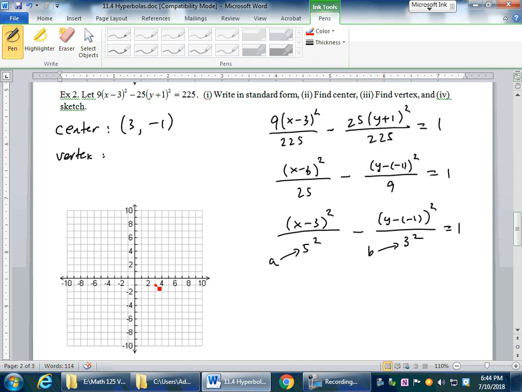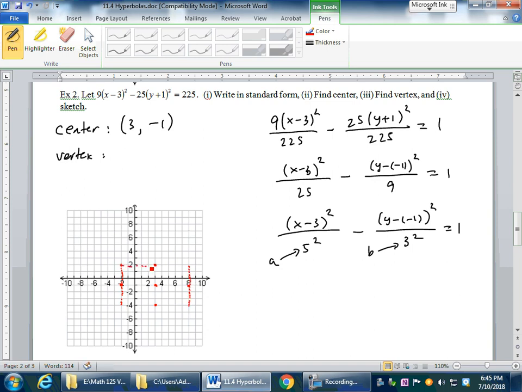Since x squared is first this time, your a is associated with x, so it will be moving left and right 5 units. So to the right 5 units, to the left 5 units. And then b is 3 units up and down, so 3 units up and 3 units down, which will allow me to get the rectangular box that we need to draw the hyperbola.